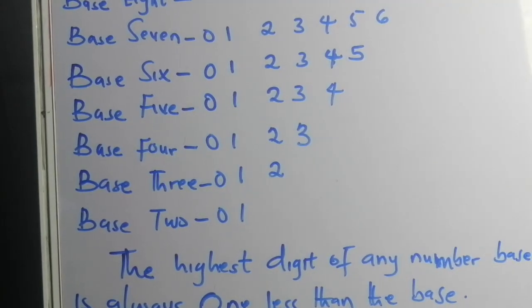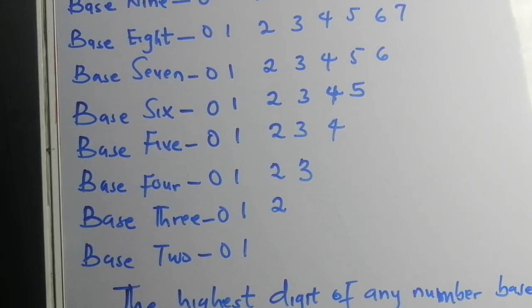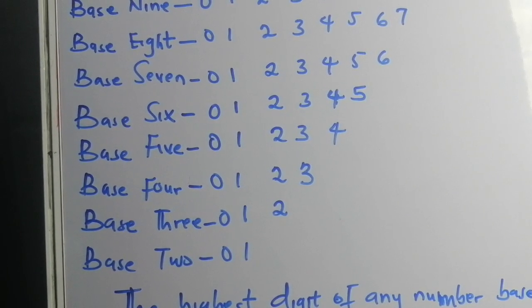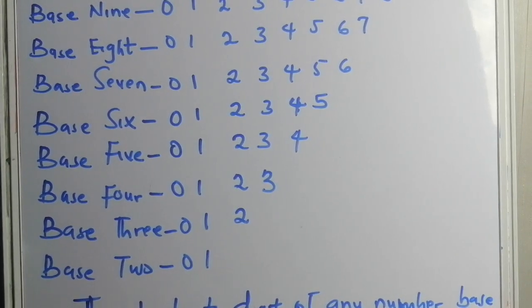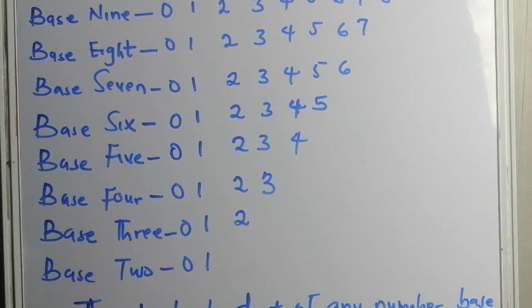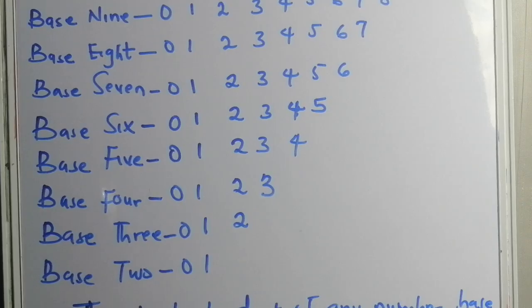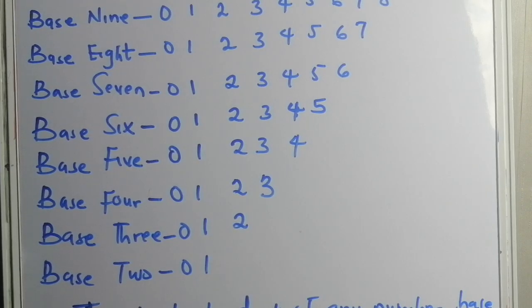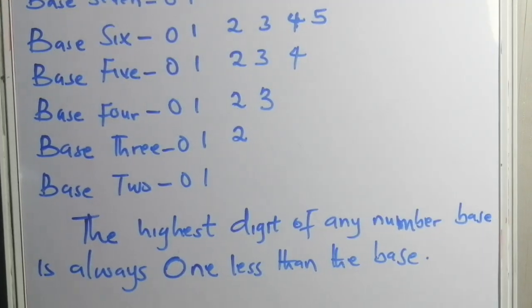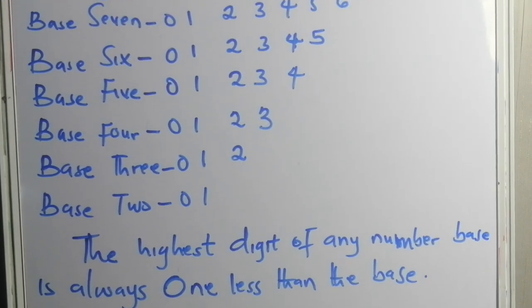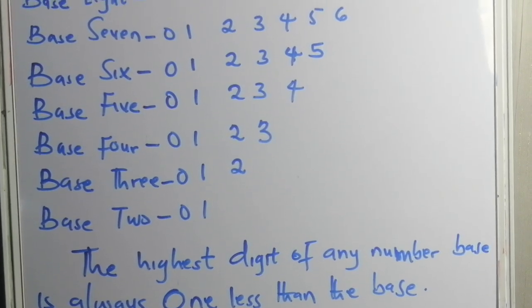At the end of the day, if you're having a particular question in base 4, then you should be expecting something like 0, 1, 2, 3 as the digits. I'll give an example for us to understand what I'm trying to say, but there's need for us to understand the counting system.